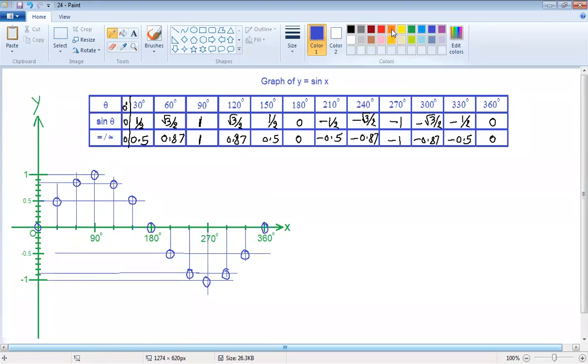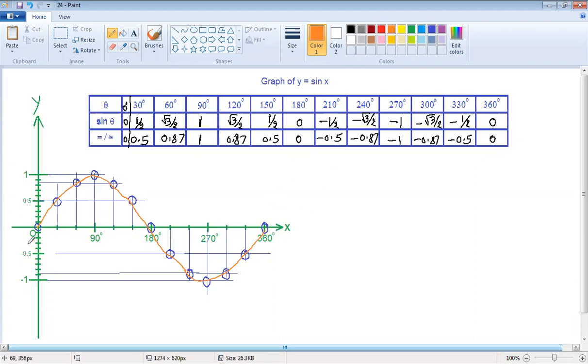So I can draw the curve, a freehand curve. I try to make it as accurate as possible, but you can understand roughly this is the graph of sine theta.